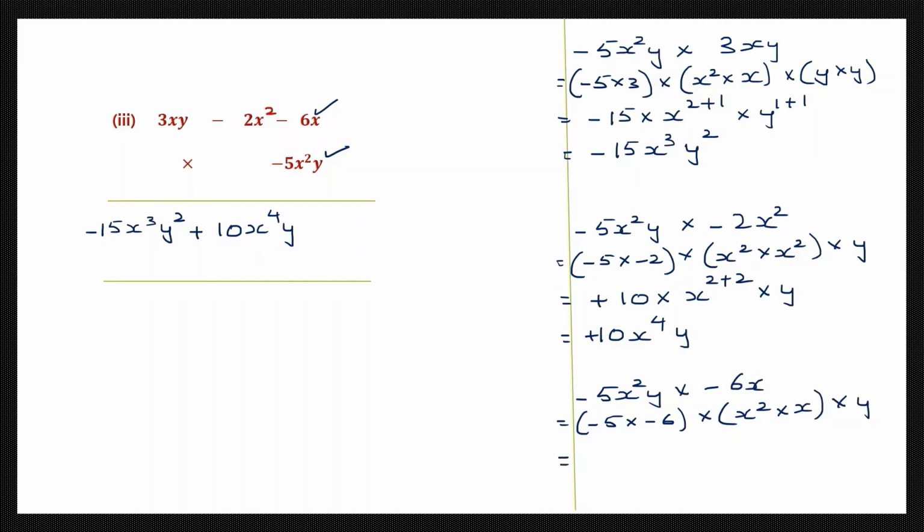So that will be minus into minus is plus, 5 6s are 30 into x to the power of 2 plus 1 into y. That is 30x to the power of 3 y. So here we write plus 30x to the power of 3 and y.